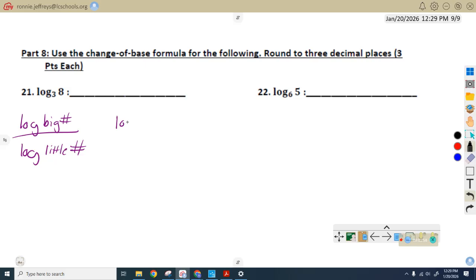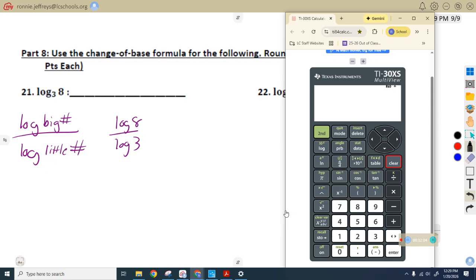So that means log of 8 over log of 3. Calculator problem. 1.8927.